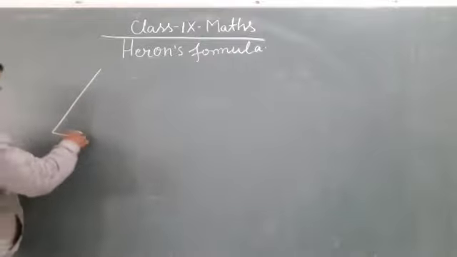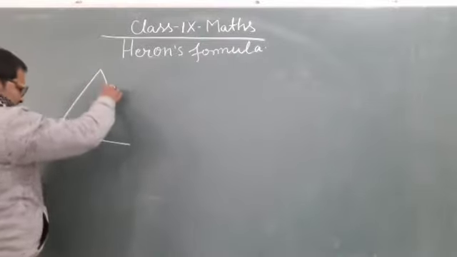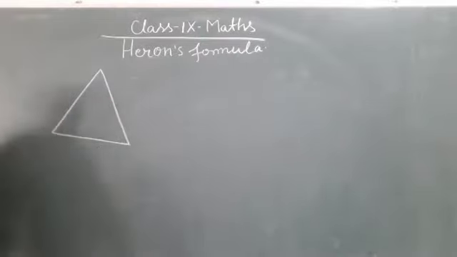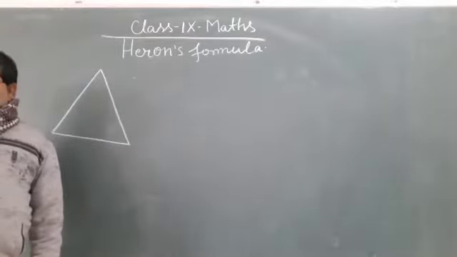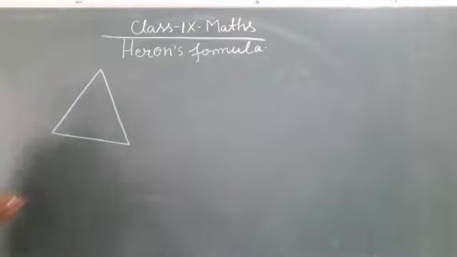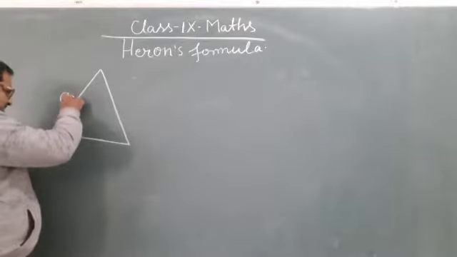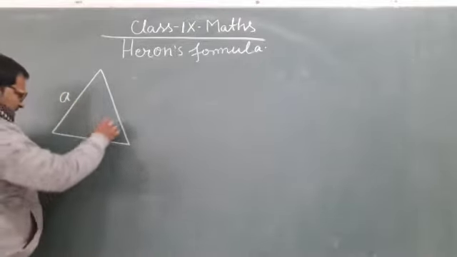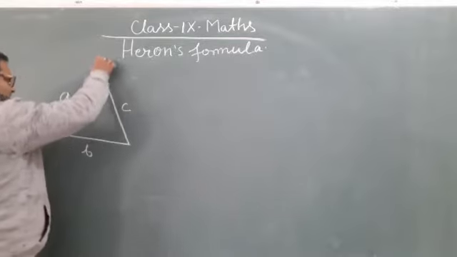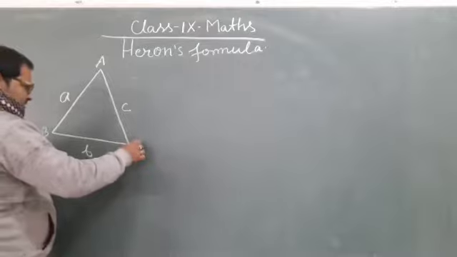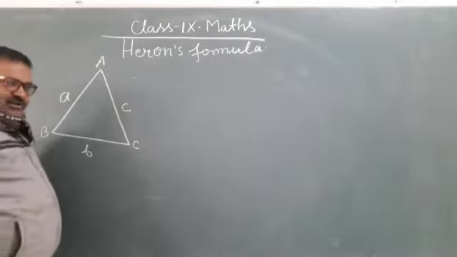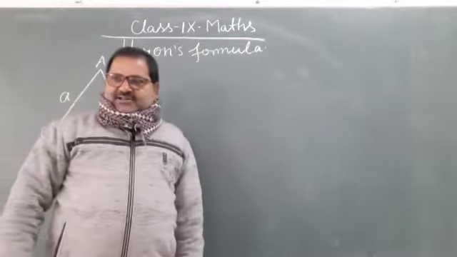triangle where all the sides of the triangle are given. Let the sides be A, B and C. First we find the semi-perimeter.